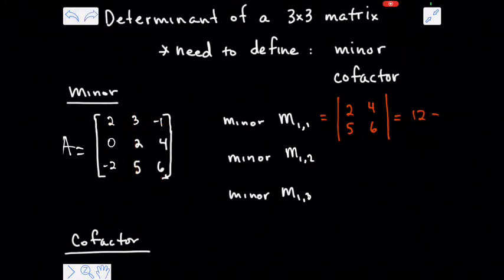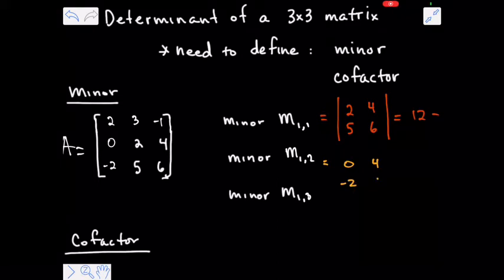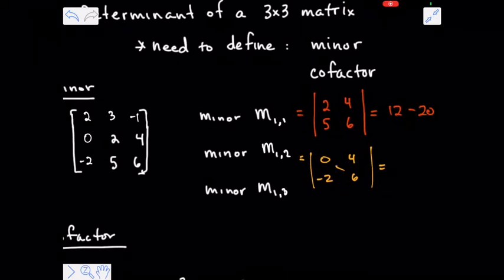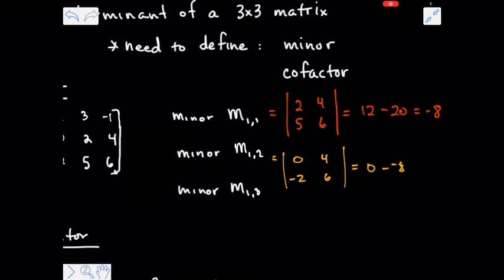So it was 0, 4, negative 2, 6. Then we find the determinant of it. So it'll be that product there, which is 0, minus that product there, which is negative 8. 0 plus 8 is 8.